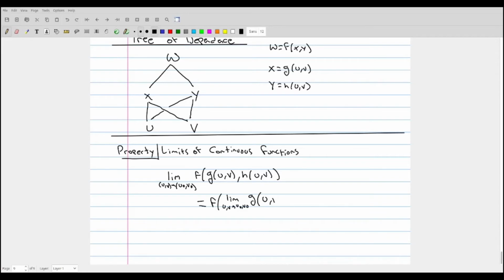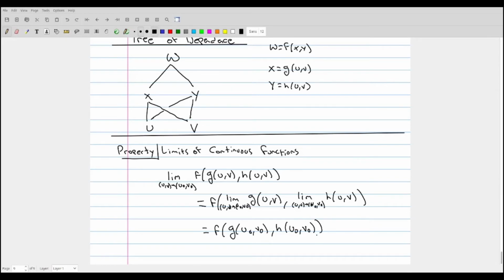So it's the same thing as f of the limit of g, and then the limit of h. Which, if g and h are both continuous functions as well, is the same thing as f of g of (u0,v0), h of (u0,v0).